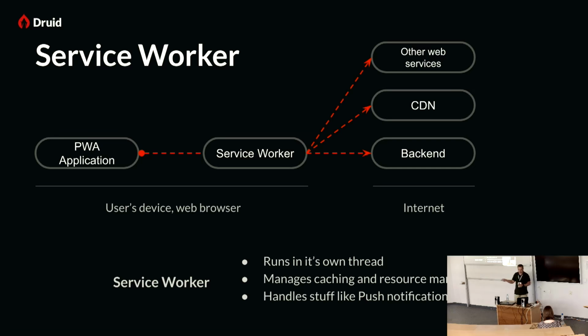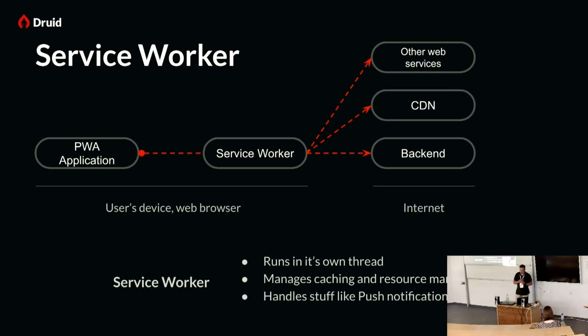Whenever you make a request from the PWA application, the service worker gets called, and it can decide how to react to that. It can check if the application is online, whether there are cached elements, and serve them back to the PWA application.